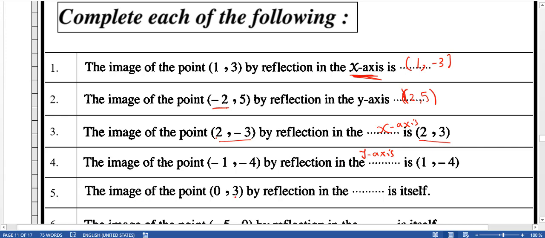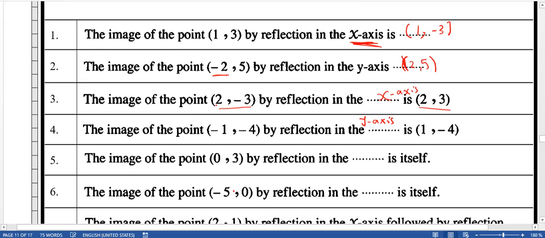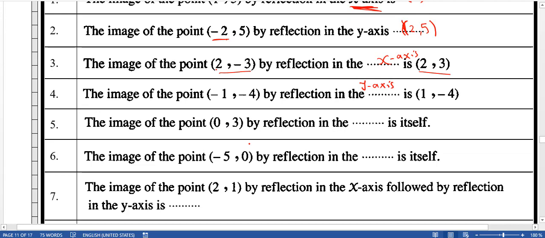The image of the point 0, 3 by reflection is itself. Itself means we change the sign of x, and by chance x is 0 and 0 has no sign to change, so we reflect this in the y-axis.